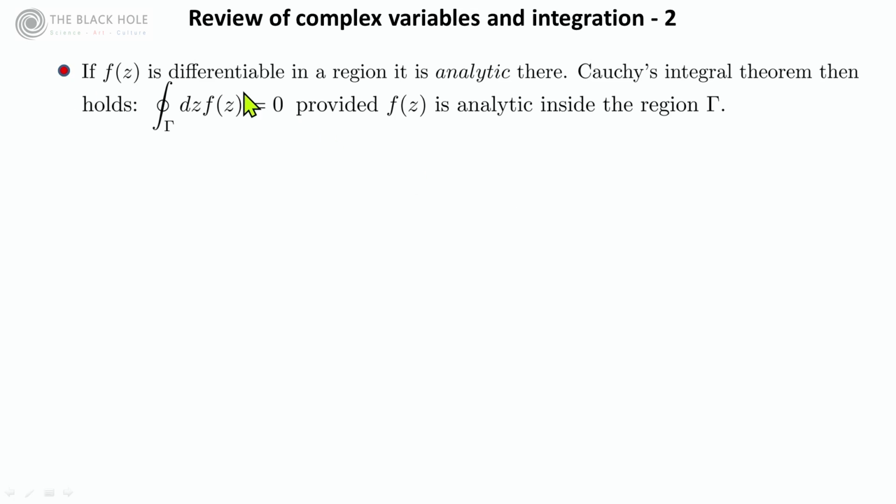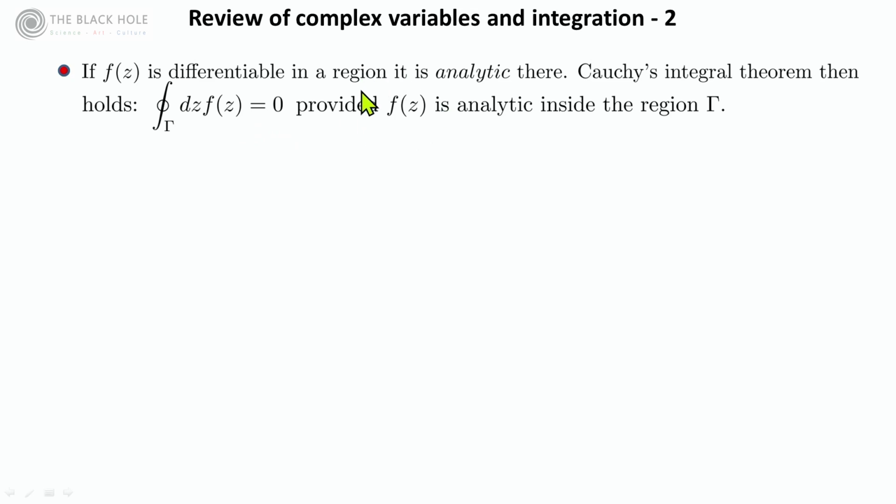Suppose f is differentiable in a region, then it's called analytic over there. And then Cauchy's integral theorem says that if you integrate on any contour that surrounds that region and there are no singularities inside, so no poles, no branch cuts, no nonsense inside, then this integral is equal to 0.